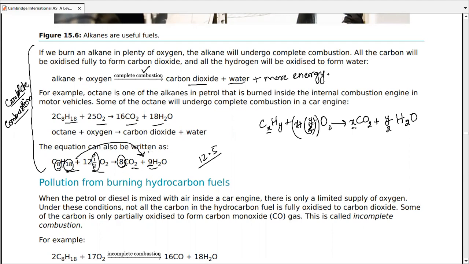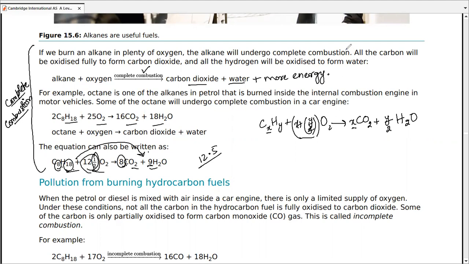Then x plus y over 4: divide y by 4, add it to x and write the number here. It's extremely easy to balance these equations in a few seconds and get them right. You can come up with a 0.5 or half fraction, or even multiply the whole equation to write whole numbers. So I hope you get the point.